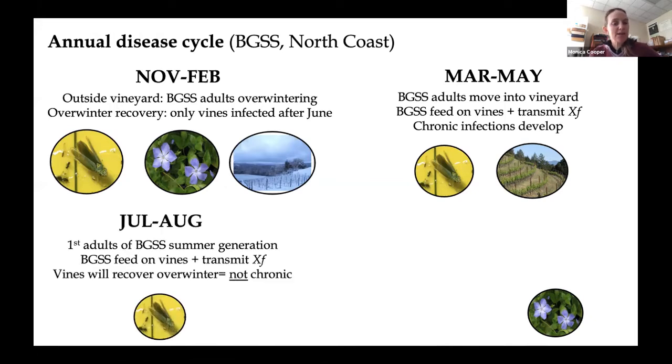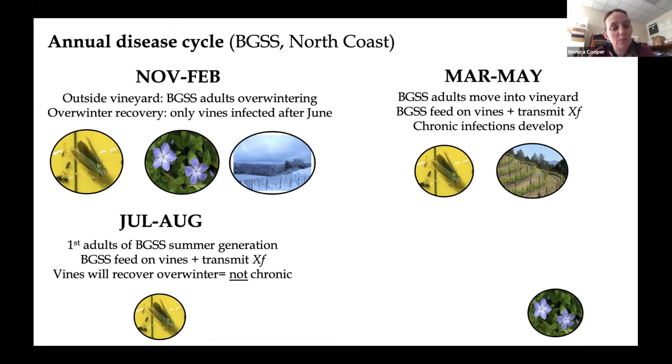In July and August, we still find blue-green sharpshooters in the vineyard. That's the summer generation of blue-green sharpshooters. They're feeding on the vines. They may, in fact, transmit Xylella during that time, but it's not really important epidemiologically because they feed at the shoot tip, and there's not generally enough time for Xylella to move from the shoot tip into the permanent woody structures.